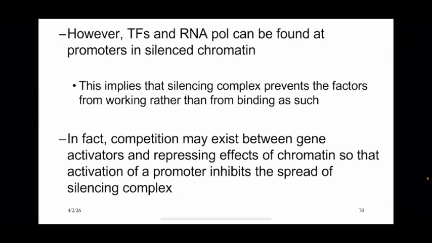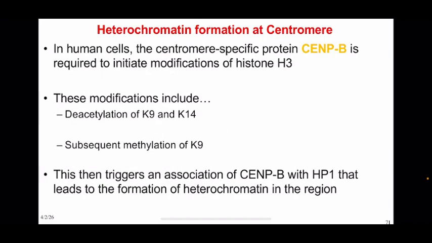So let's look at heterochromatin formation at the centromere. We've looked at heterochromatin formation at the telomere, which is the RAP1 binding to Sir3, Sir4, to recruit Sir2, right? So what of heterochromatin formation at the centromere? In human cells, we have a centromere-specific protein called CENP-B, and that protein is required to initiate modifications of histone 3.